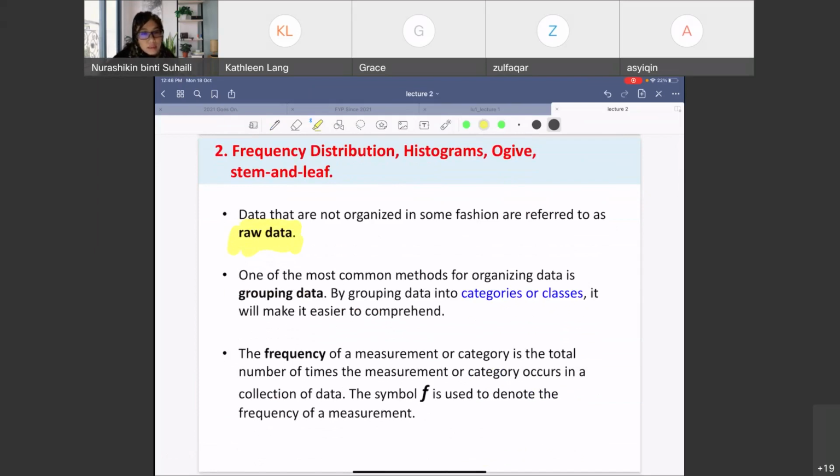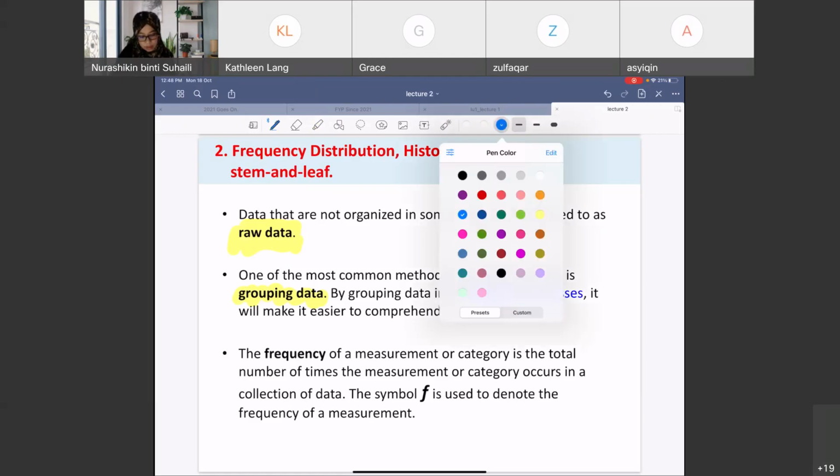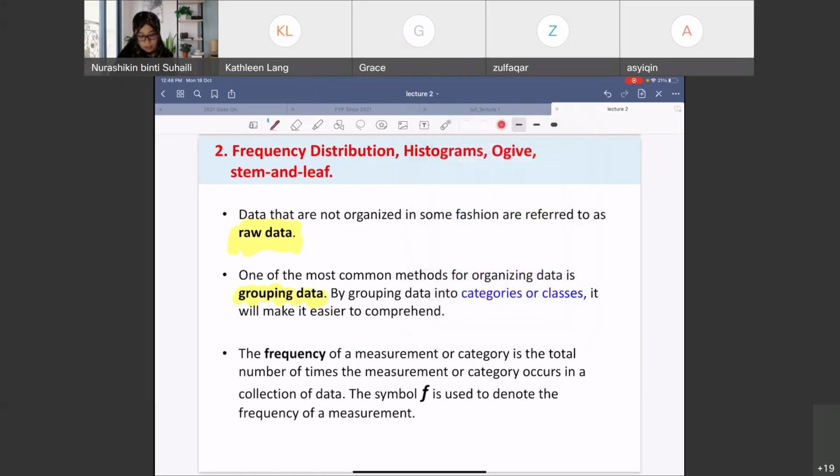Grouping data means that you group it according to certain aspects, certain criteria. We categorize or group the data based on categories or classes. Maybe you divide it into a few subclasses. In this range, how many data are there? So we have categories, classes.